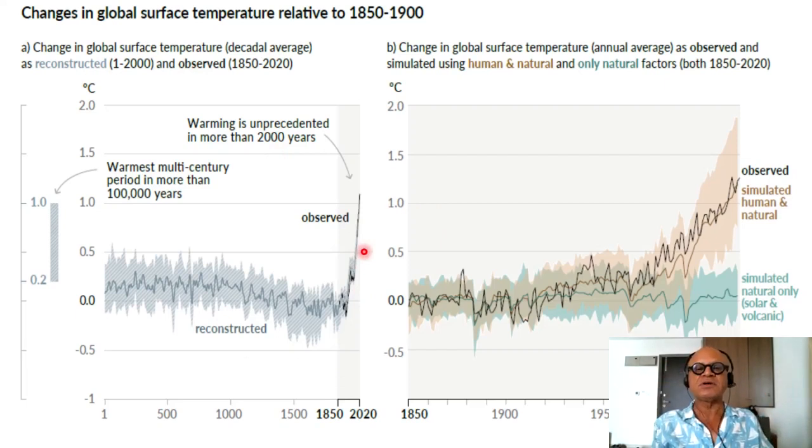And of course the biggest need, requirement, or obligation is to show that this is in fact related to human activities. So changes in global sea surface temperature as an annual average as observed and simulated using human and natural, and only natural factors, both 1850 to 2020.